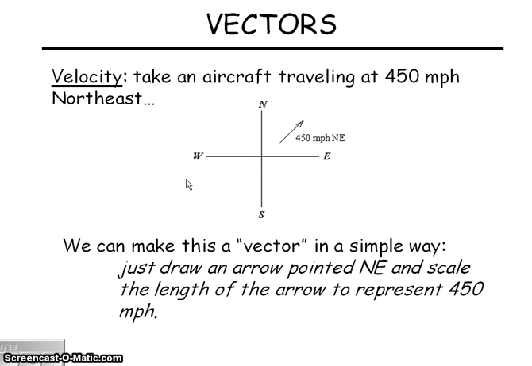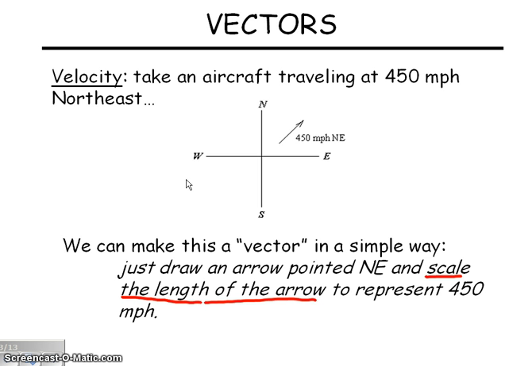Let's take velocity as an example. So we've got an aircraft going 450 miles an hour northeast. In an ordinary coordinate system, you can't represent direction, but you can represent a value like 450. However, we make this a vector by drawing an arrow pointed northeast, and we scale the length of the arrow to represent 450 miles per hour.